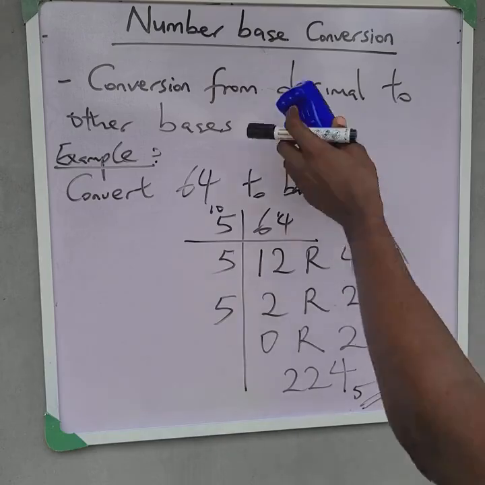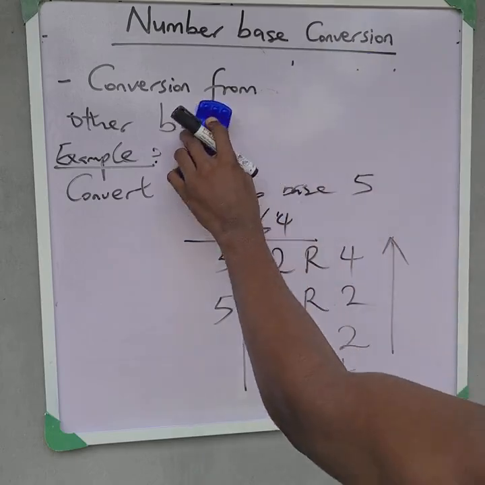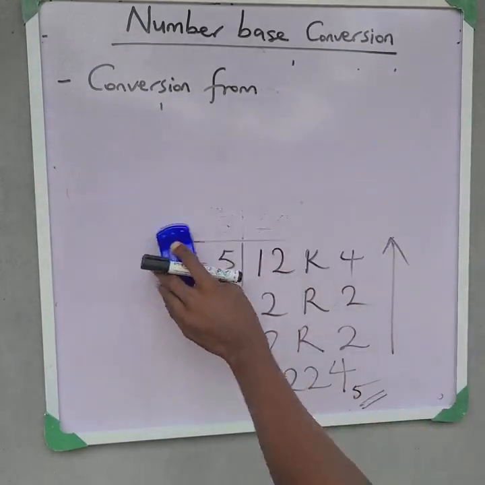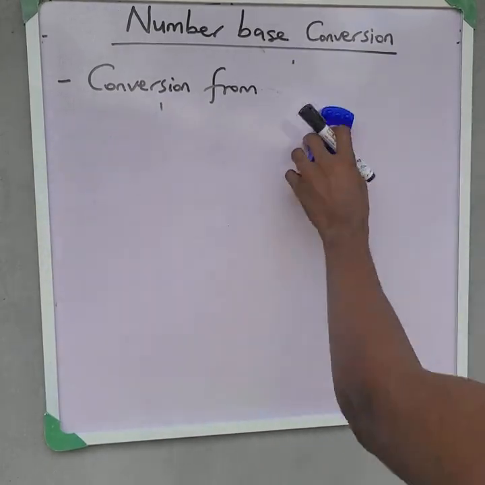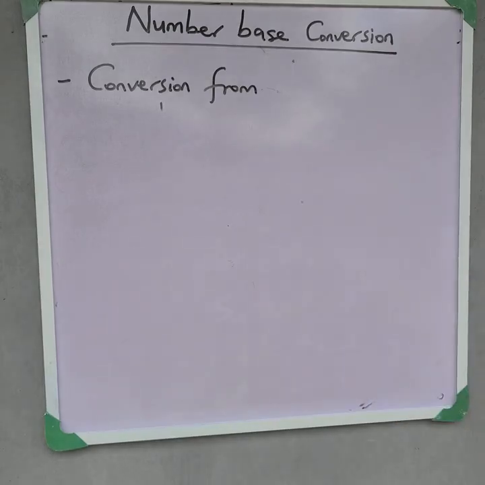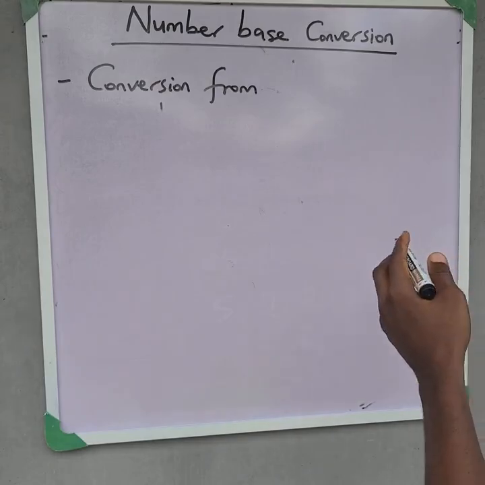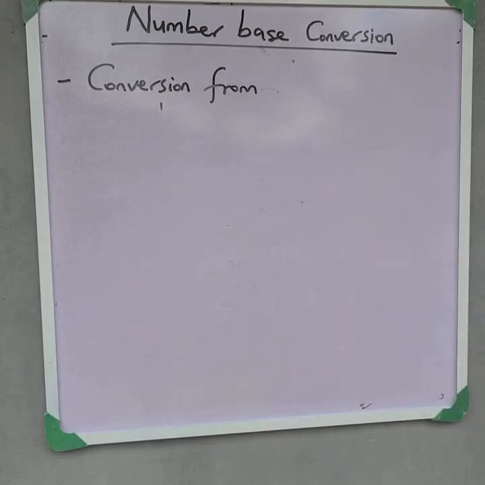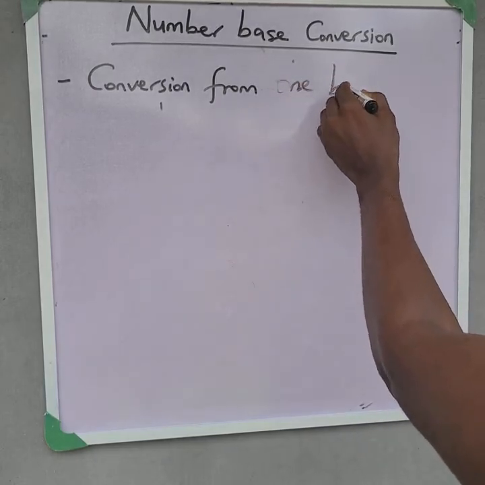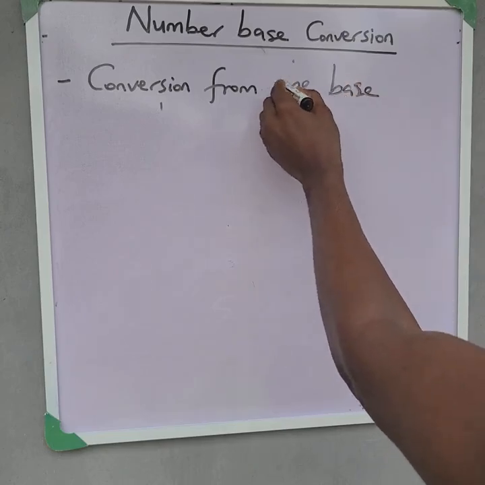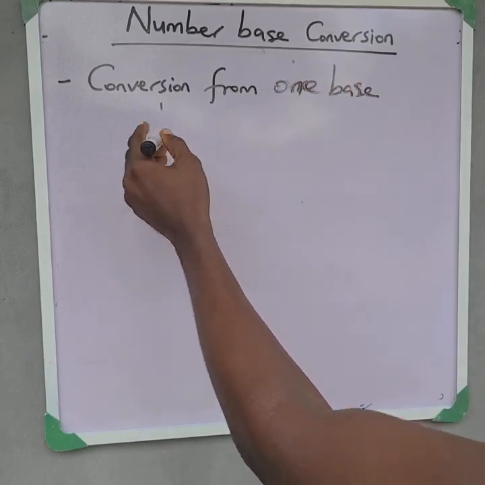In the first number base conversion, we looked at conversion from any base to base 10. Then we looked at conversion from base 10 to other bases. Now we are looking at conversion from one base to another.